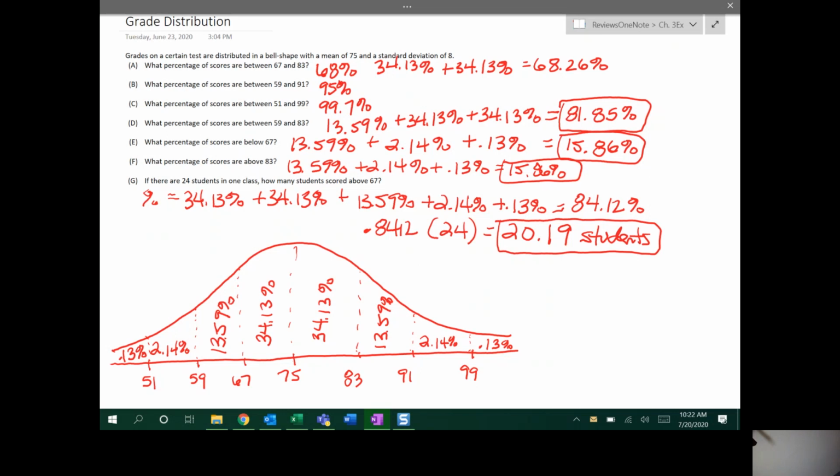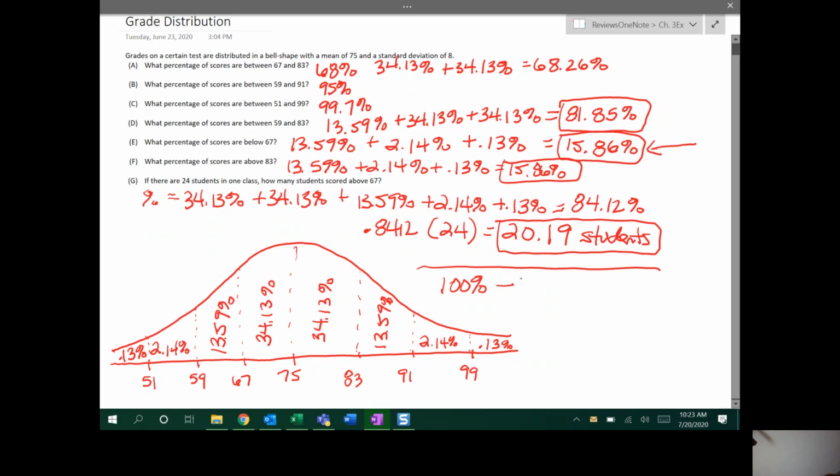Let's come back to this number of 84.12%. Here's the flaw in the curve that your book gives you. It would be very reasonable to say, well, that number shouldn't be 84.12, it should be 100%, because that should be the total, minus, coming back up here to part E. In part E, we said 15.86% scored below a 67.